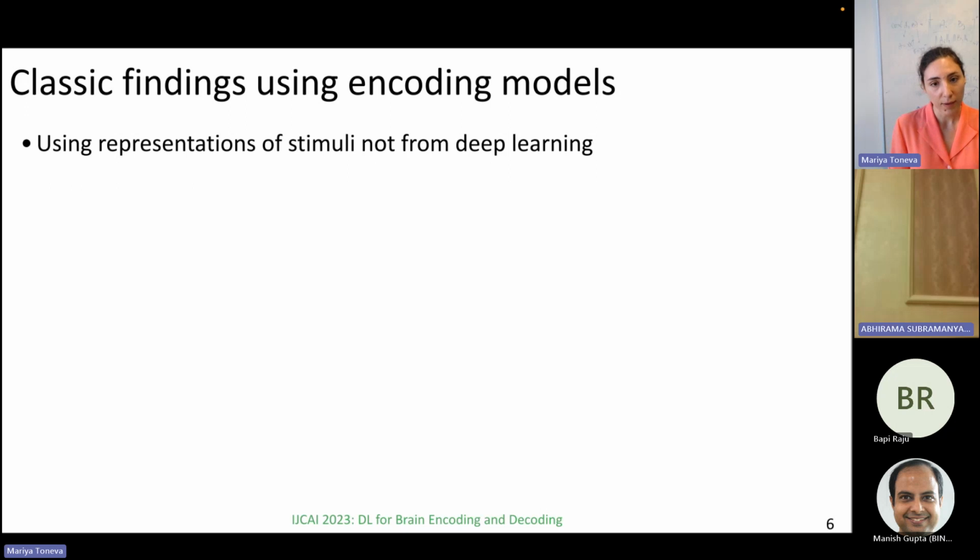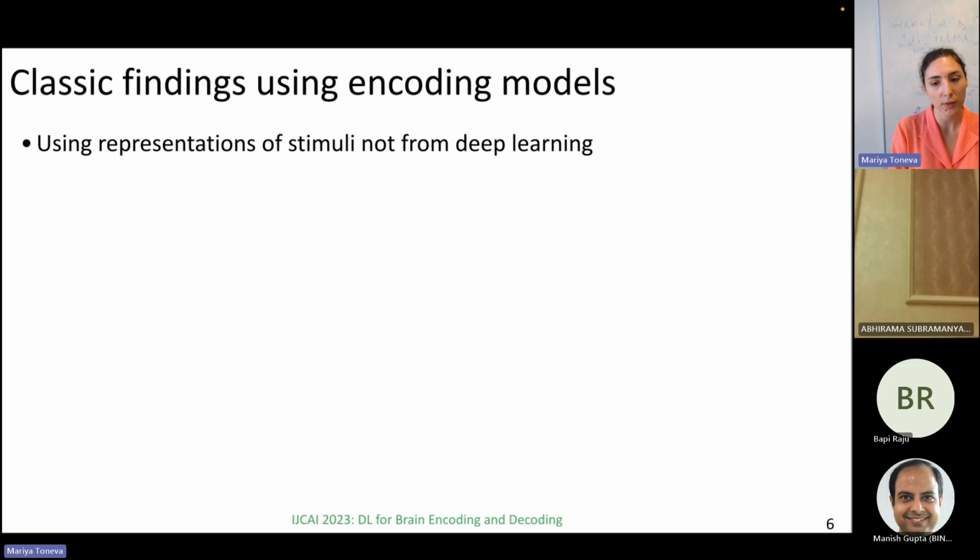These classic findings do not use representations from deep learning models. In contrast, they use very interpretable representations. So before I dive into the more recent findings that make use of deep learning, I wanted to give you a specific example of what these kinds of findings can be if one uses interpretable features to represent the stimuli.